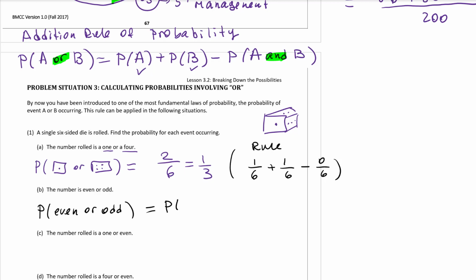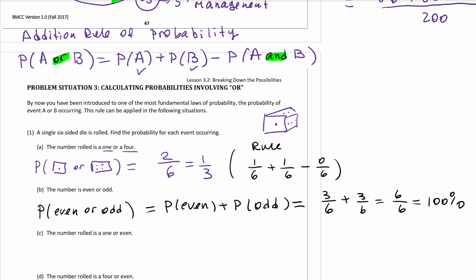Probability that it's even is 3 out of 6. There are 3 even numbers, 2, 4, 6, and 3 odd numbers, 1, 3, 5. And there's no overlap. Even and odd cannot happen simultaneously, so it's 6 out of 6 or 100%. So what's the probability of even or odd? It has to happen, 100%.